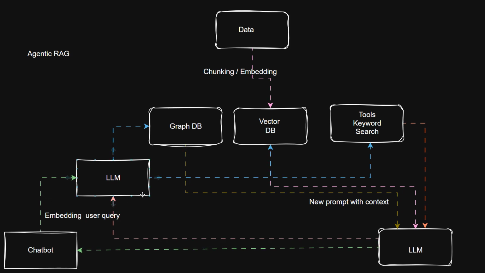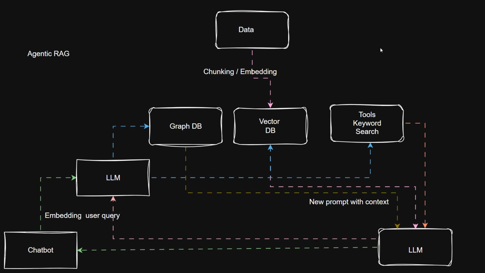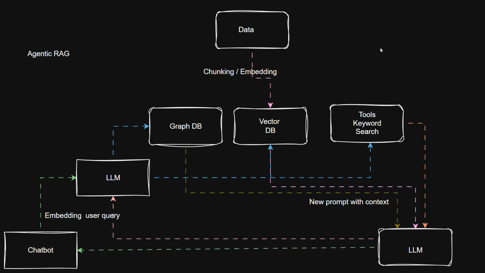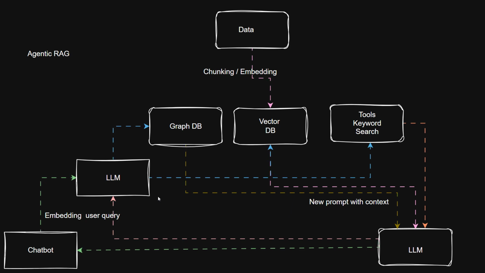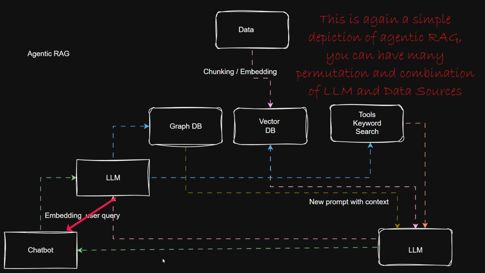This LLM can understand this question and call the tool to look at your vacation database, but it may decide, before I tell you about your vacation, I want to know who you are. So this LLM can go back and ask, tell me your name, tell me your employee ID, things like that.